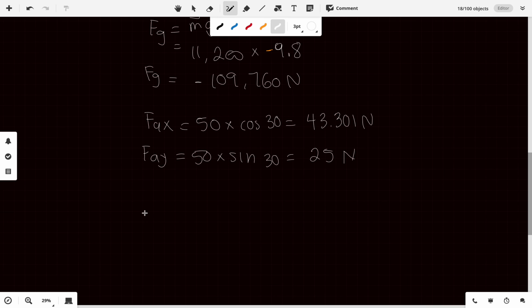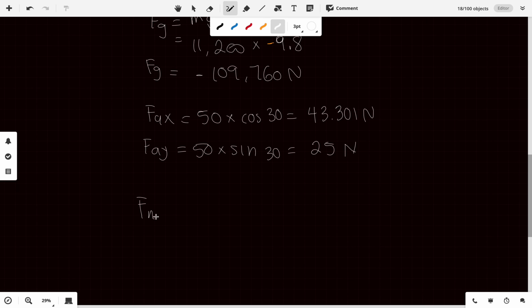Next, I'm going to solve for the Fnet on the y-axis. The forces acting on this are Fn plus Fg plus Fay. The Fn we don't know. We also know that the AT-AT is not moving vertically, which means the net force is 0 on the y-axis. So I'm going to put Fn as our variable.